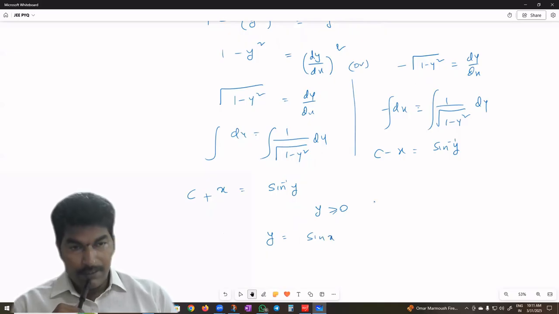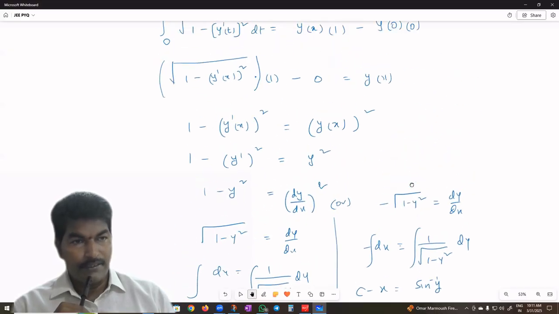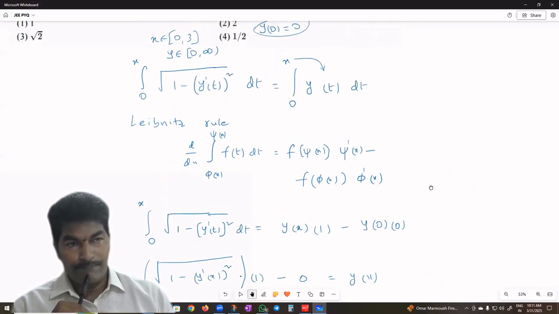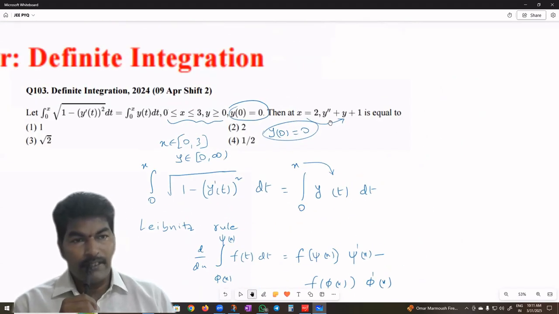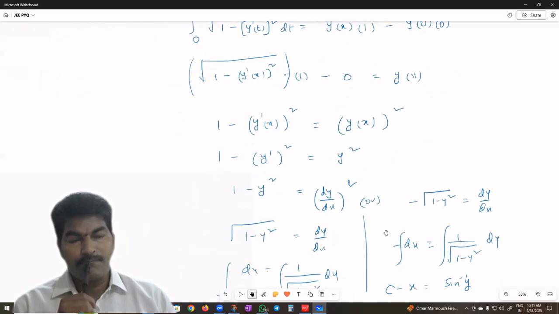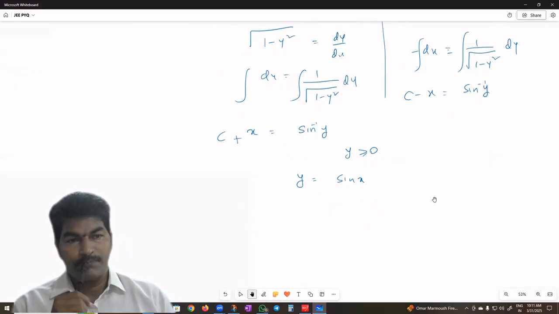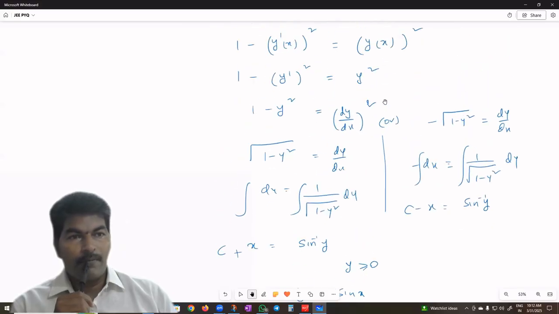And if you differentiate, because what we needed, take a look at the problem. The question says at x is equal to 2, y double dash plus y plus 1 equal to how much? At x is equal to 2. So let's calculate y dash. y dash is equal to cos x. So copy the problem.